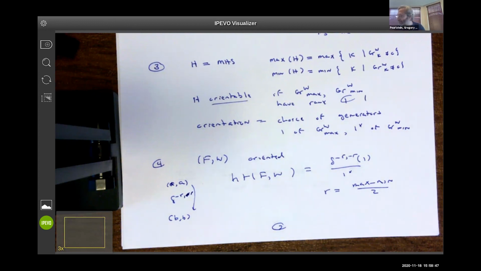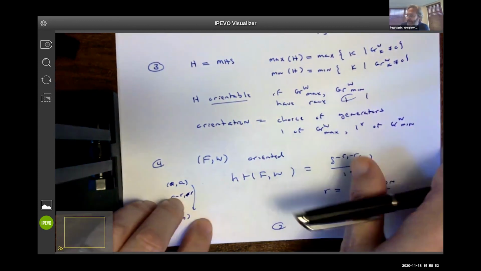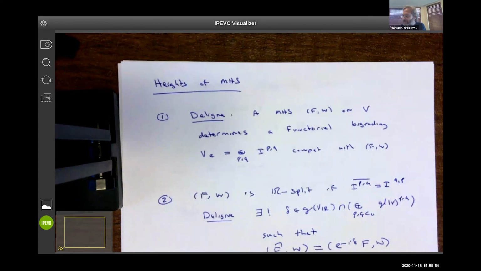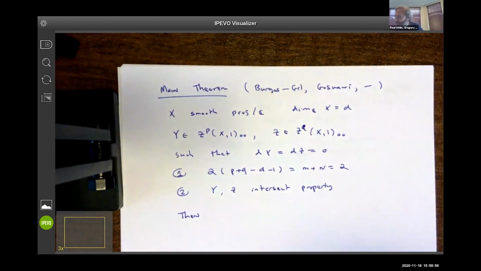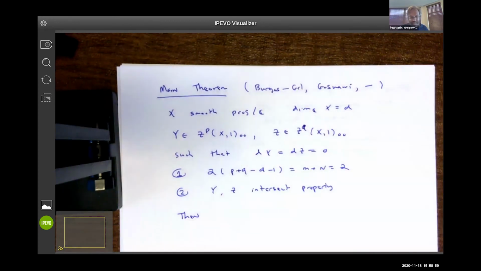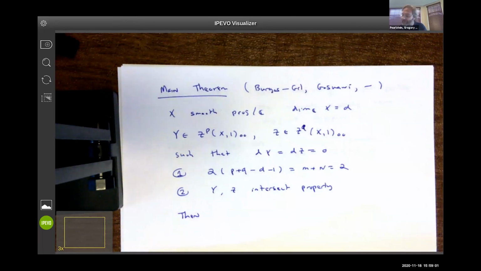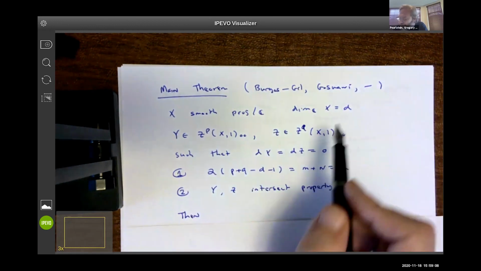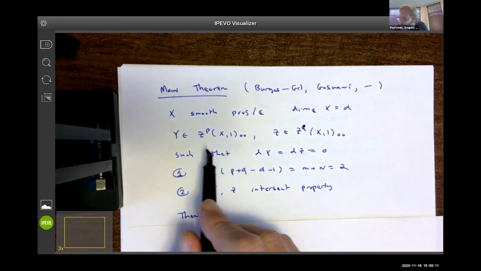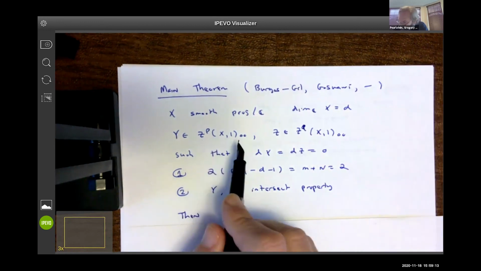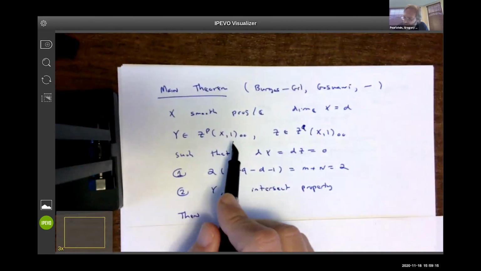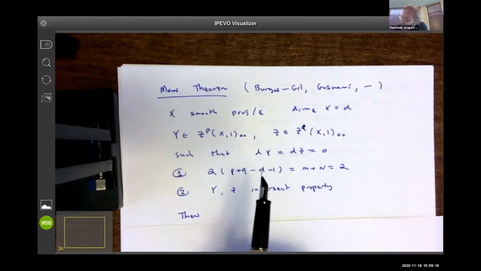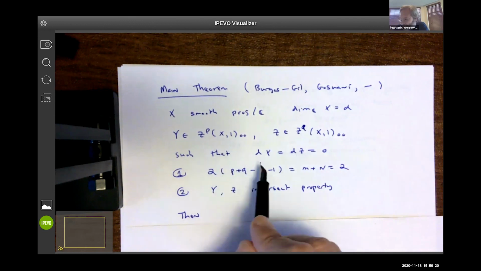Okay, so good. Now I'm going to state the main theorem, with Burgos Gil and Sudhir. We're going to let X be a smooth projective variety over C, dimension d. We're going to take classes Y in Z^p and Z in Z^q, so that d of Y and d of Z are 0.